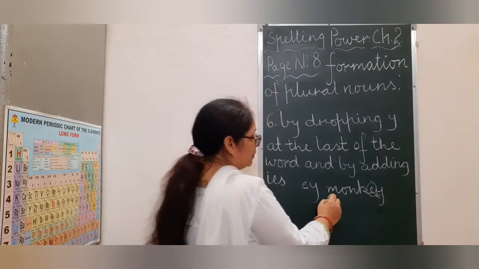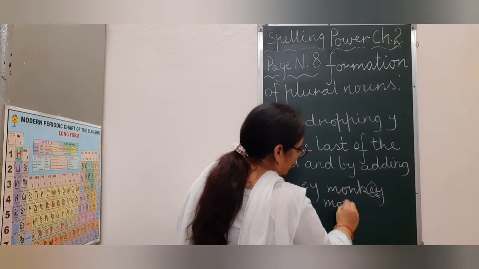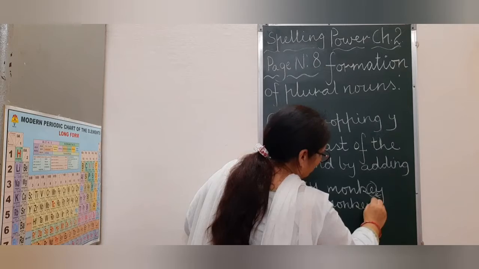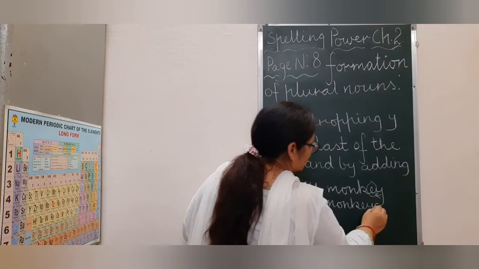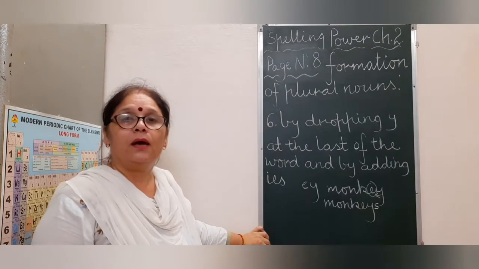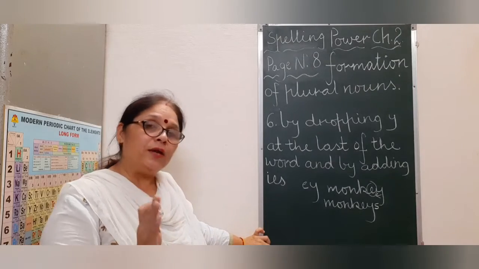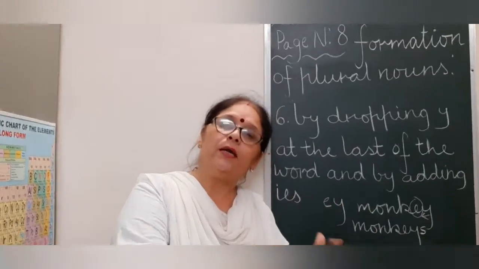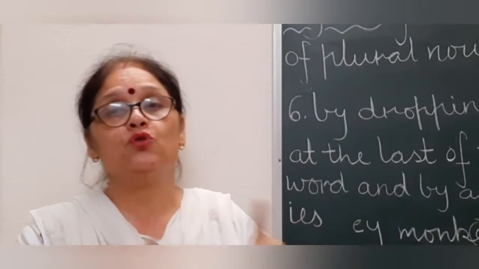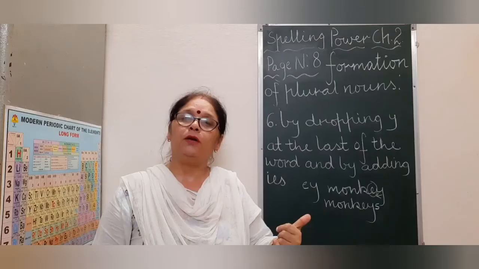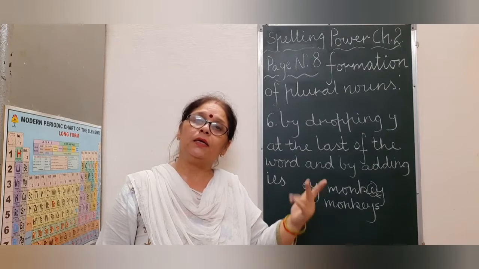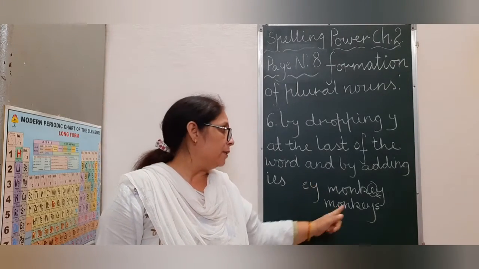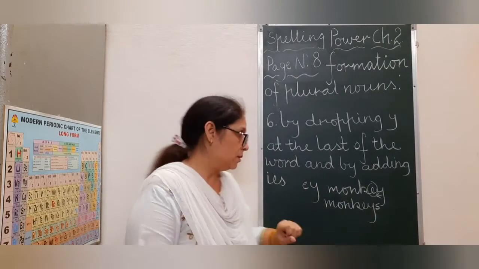Then what will be the spellings? Monkeys. But when we are having consonant before the y, then we have to drop that y and we will add ies at the place of y.